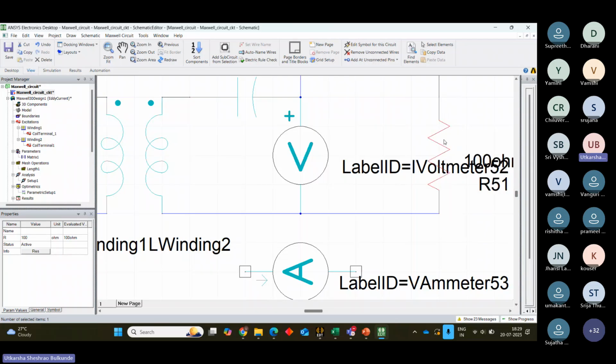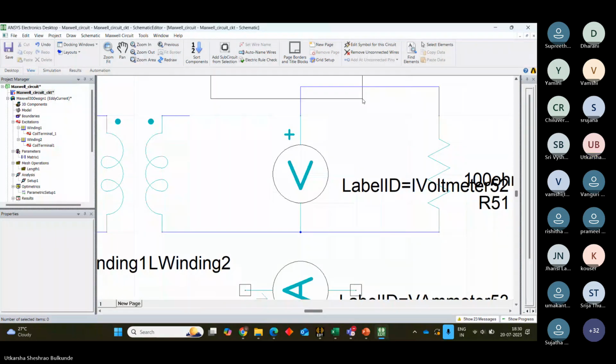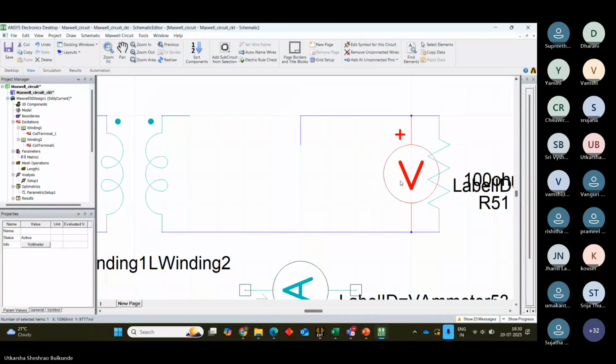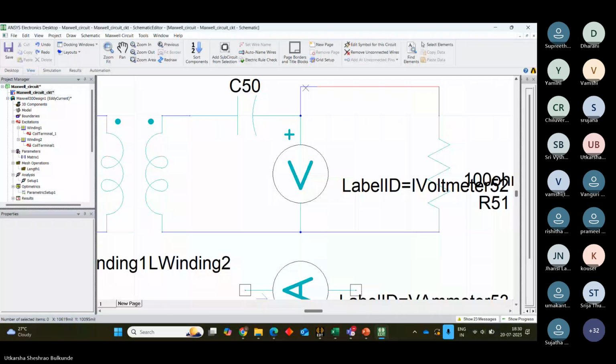I'll just make some space for the ammeter.